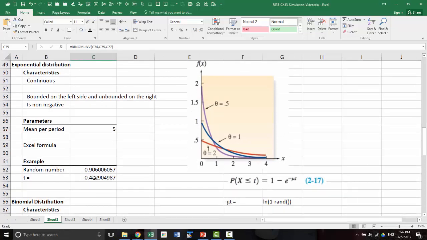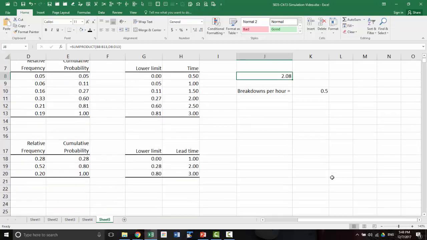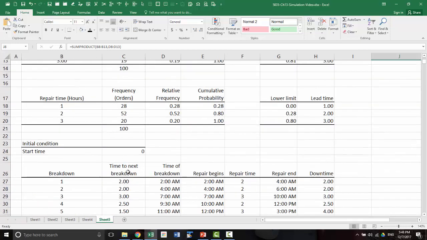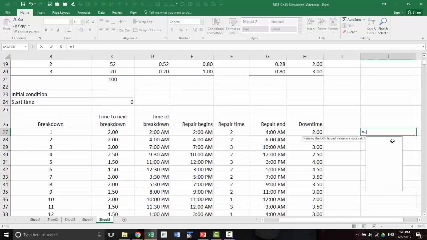Then so here is the formula. So you have to find the random number. Okay, and that's the formula. So let's see. So time to break down will then be, so you'll set up time to break down. Okay, instead of VLOOKUP, I'll set it up here. Okay, so say minus ln, okay, 1 minus rand, 1 minus p, right? 1 minus probability.